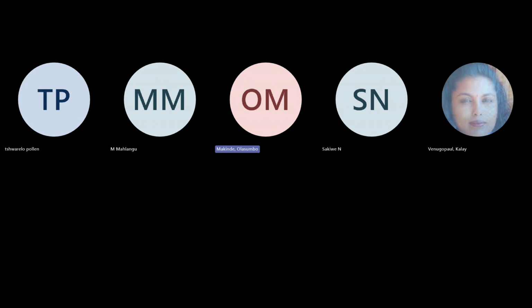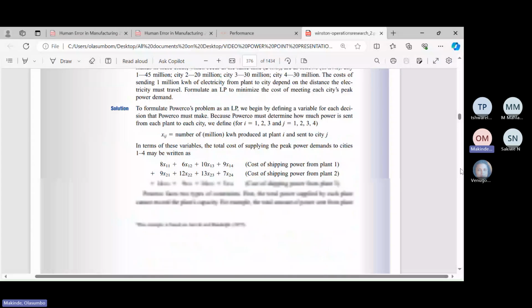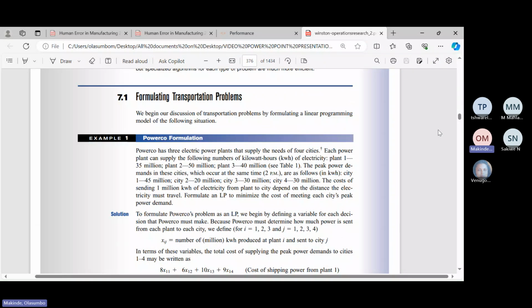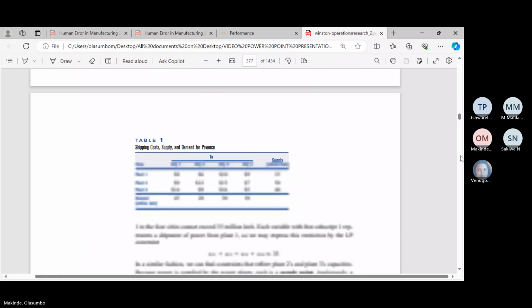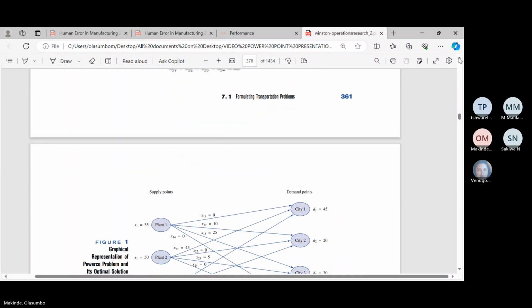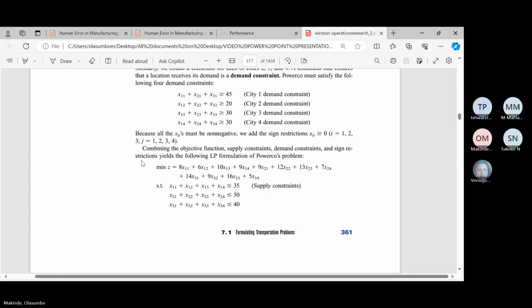So if you have done what I'm saying, you see the way I've interpreted it. You see that they were able to write the objective function as this mathematical expression. The way I've said it, 8 times x11 plus 6 times x12, plus 10 times x13 plus 9 times x14, until we get to the last one of 5 times x34.